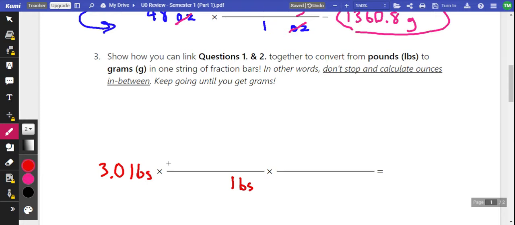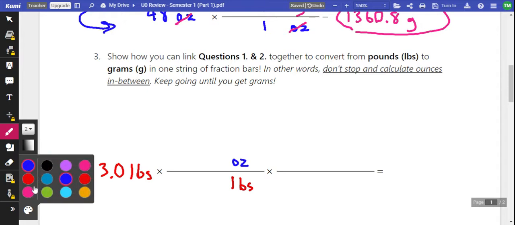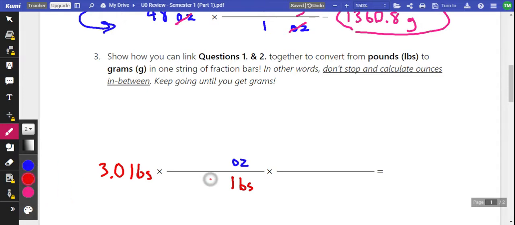That way it'll cancel out. What I'm converting to first is ounces, because I do have that relationship between pounds and ounces. That relationship was 1 pound is 16 ounces.